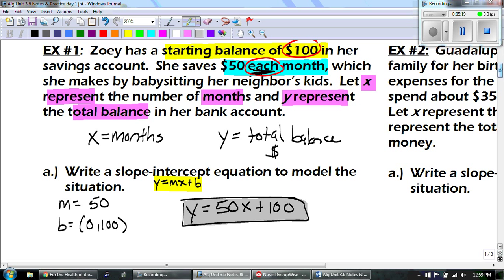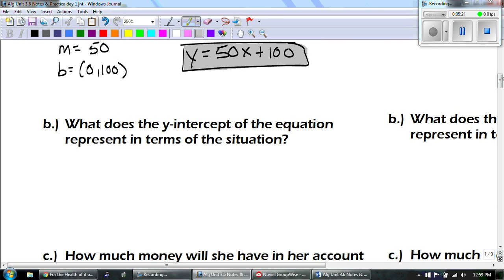Part b: What does the y-intercept of the equation represent in terms of the situation? Well, once again, the y-intercept was (0, 100). It said that Zoe has a starting balance of 100 in her savings account. Isn't that what it's talking about?